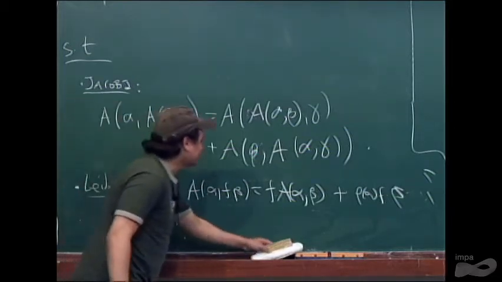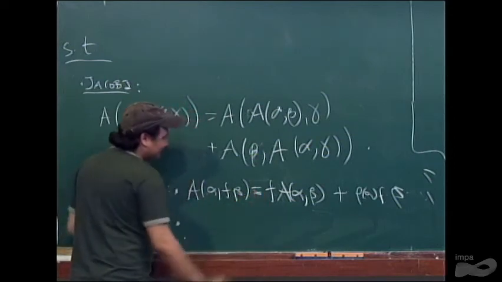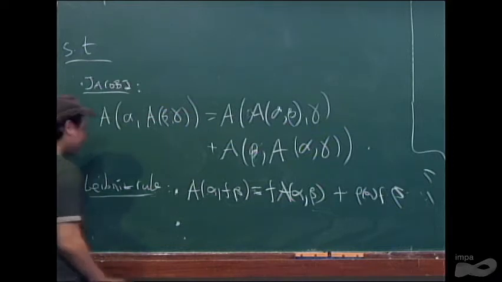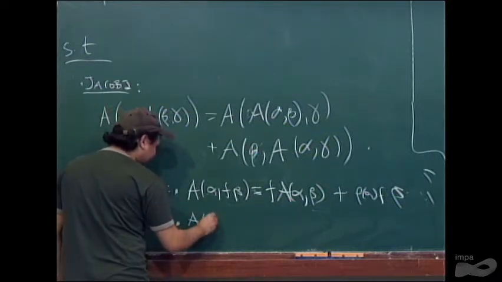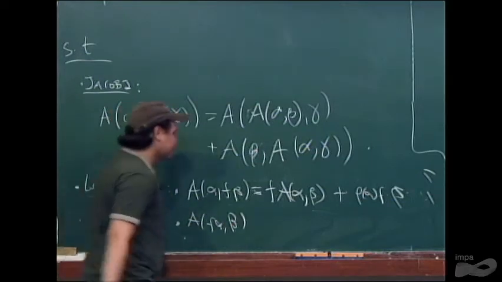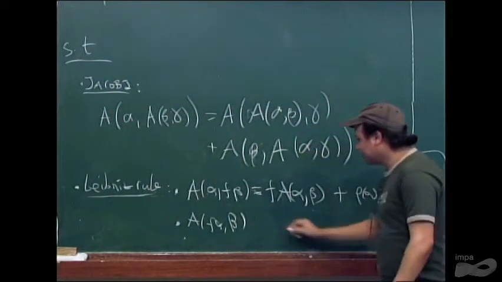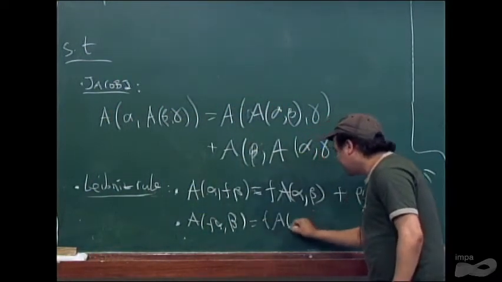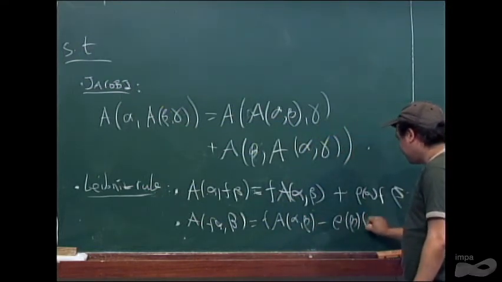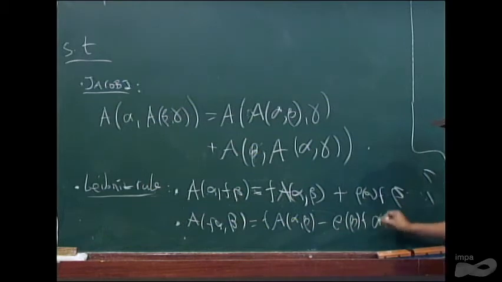And the second Leibniz rule, a Lie algebra will satisfy it automatically because it is skew symmetric. So if A were a Lie algebra, since A is skew symmetric, this would be f of A alpha beta minus rho of beta f times alpha.